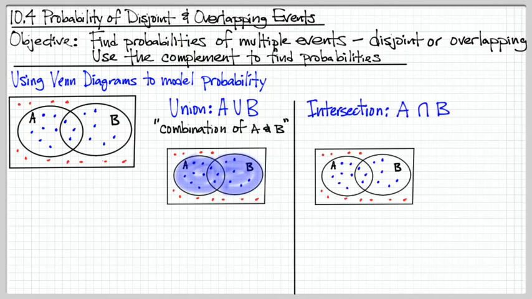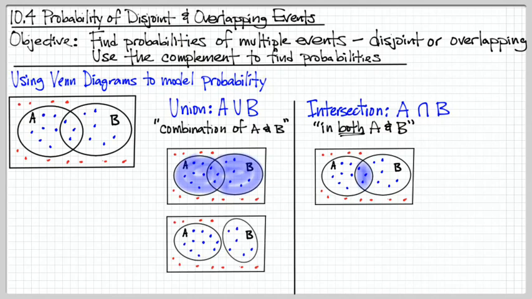We also have this notion of intersection. An intersection would be just those outcomes that are common to both A and B. So these would be the three, in this case, three outcomes that are in the intersection of events A and B. And here's another example of the union.